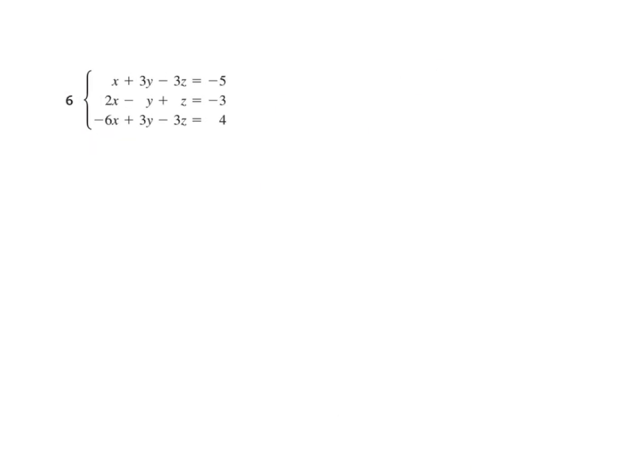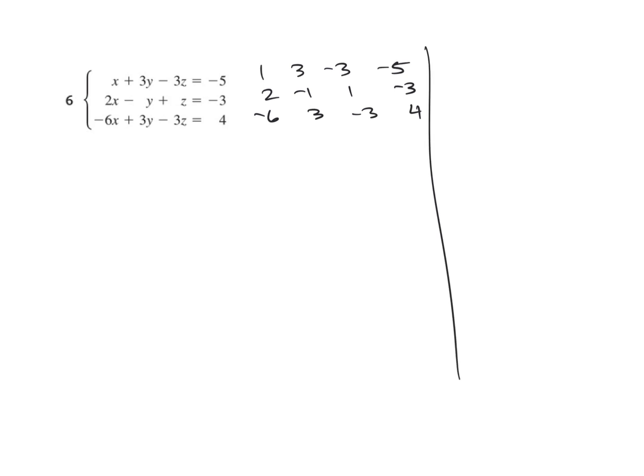Number 6, we have 1, 3, negative 5. 2, negative 1, 1, and negative 3. Negative 6, 3, negative 3, and 4. All right, so what are we going to do? Let's do, we already have a 1 in the first spot, so negative 2 times row 1 plus row 2, and then 6 times row 1 plus row 3.